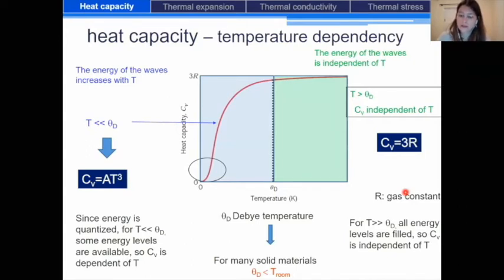This is due to the fact that for temperatures higher than the Debye temperature, all the energy levels in the material are filled. And so this explains why CV is independent of temperature. So we have these two regions to describe the evolution of the heat capacity of a material with the temperature.